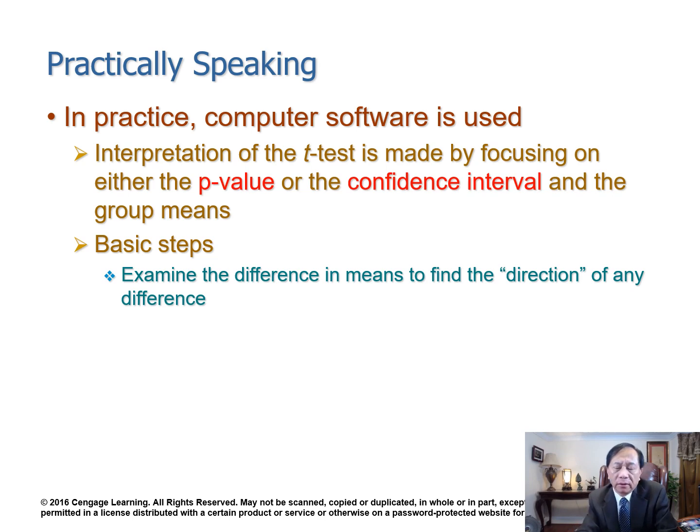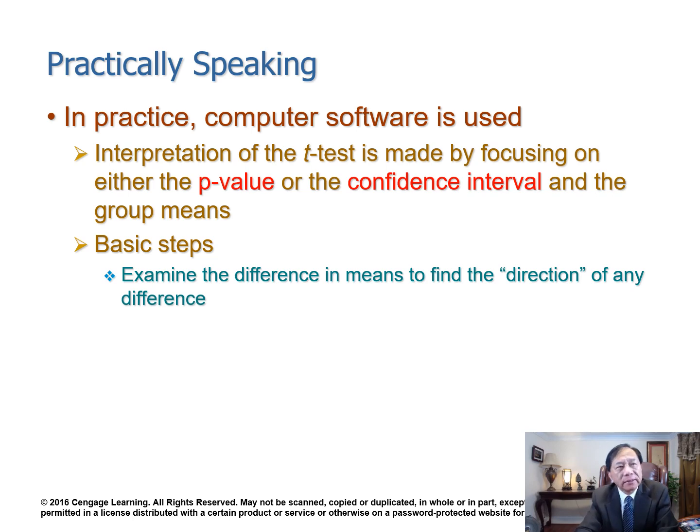If a p-value is larger than, say, 0.01 or 0.05, depending on the confidence level you choose: if you choose a 95% confidence level, then we want to see if it's larger than 0.05. If you choose a 99% confidence level, then we want to see if the p-value is larger than 0.01.